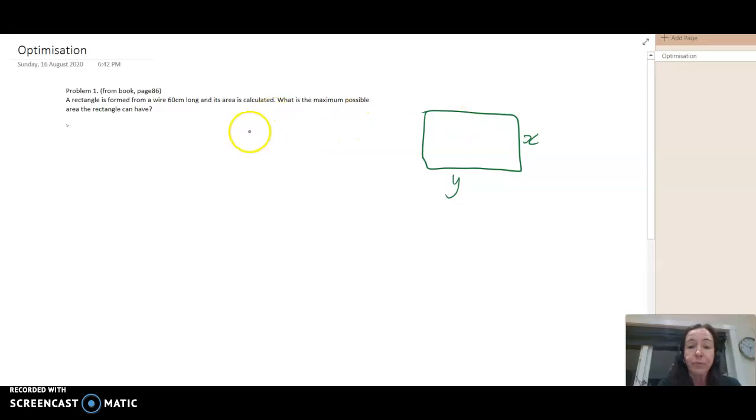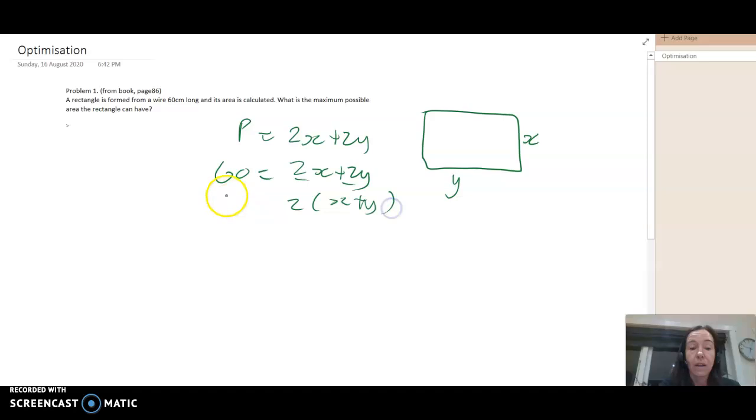So I know that my perimeter is equal to, in this case, 2x plus 2y because it's a rectangle. So I know then that 60 is equal to 2x plus 2y. And I can factorize out the common 2 over there, and then divide both sides by that 2.